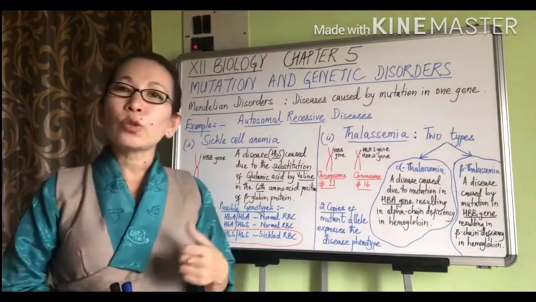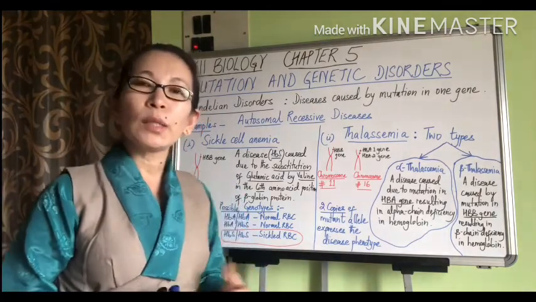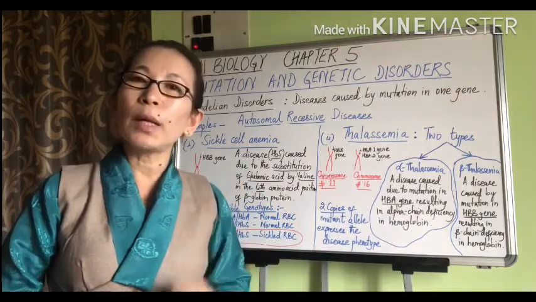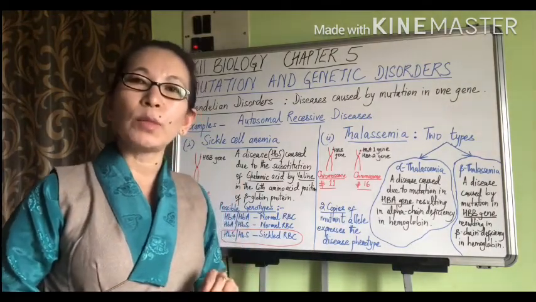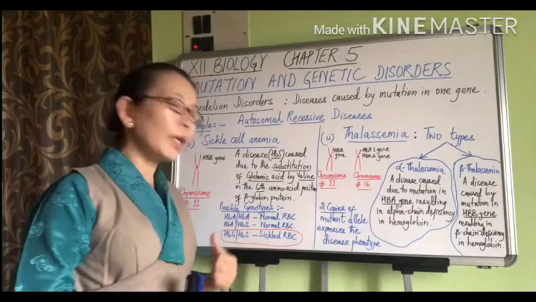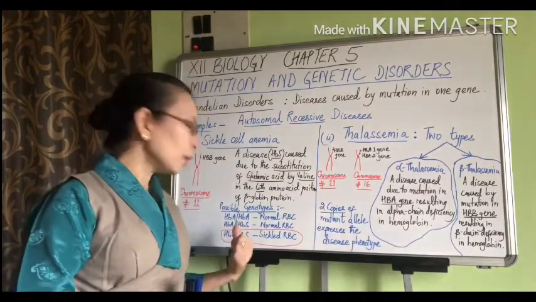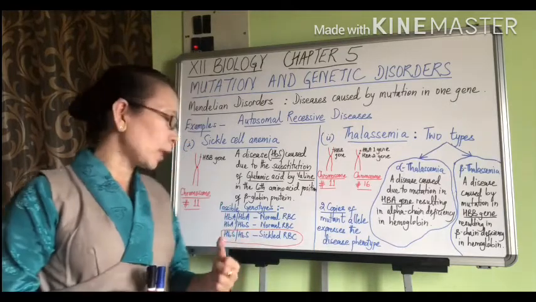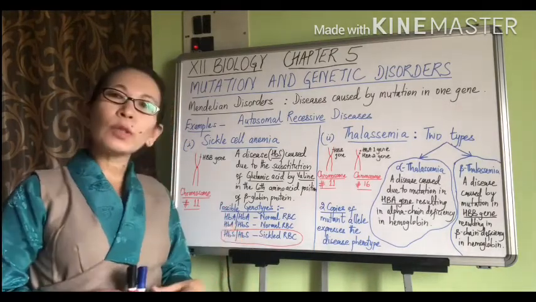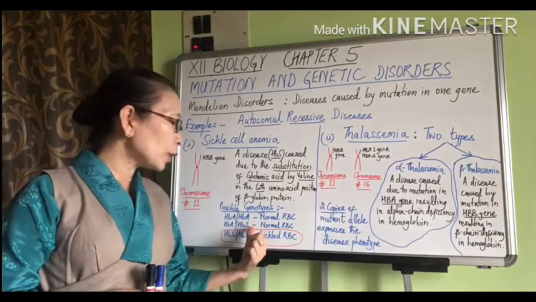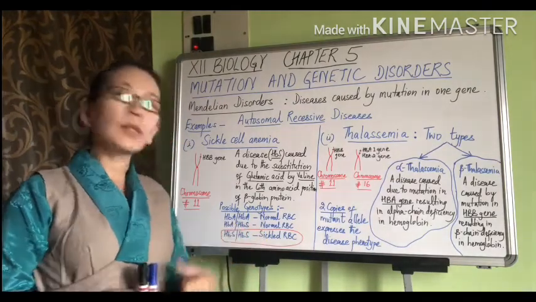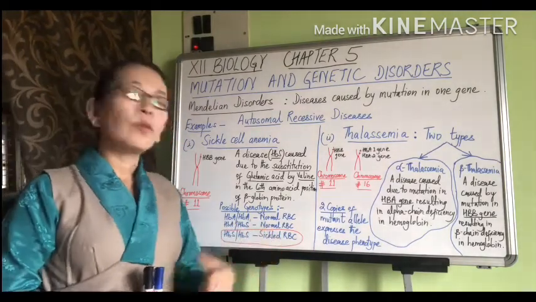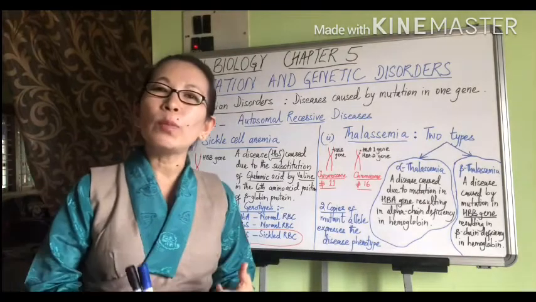Individuals with a heterozygous genotype have 2 dissimilar alleles for the same gene. So they have the normal HbA allele as well as the sickled HbS allele. Because of this, even though they have the HbS allele, their phenotype is normal.